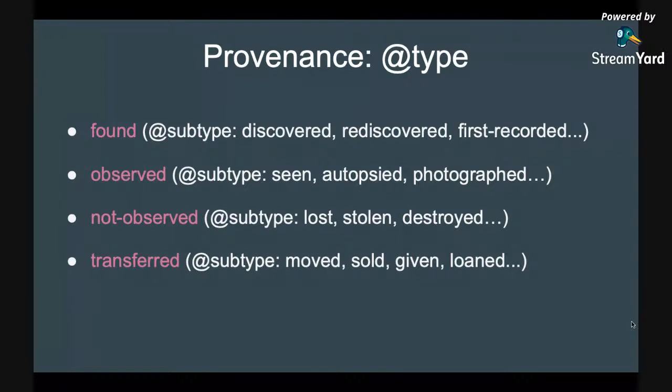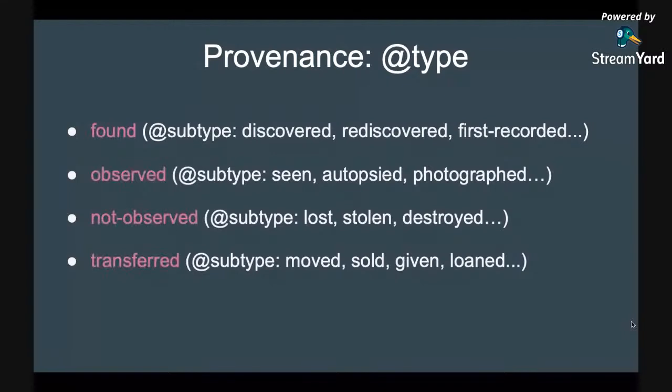Some examples are those that you can see in this slide. So for found, we can specify that it has been discovered, rediscovered, or first recorded and so on. And again, we have some suggested values also for the other three categories, but new values can also be specified.